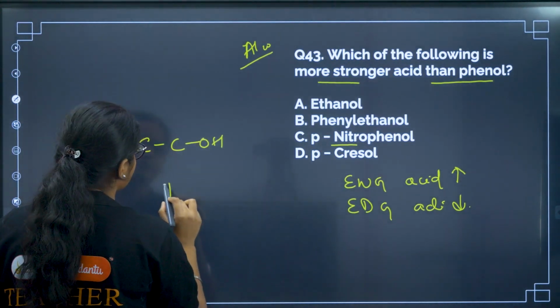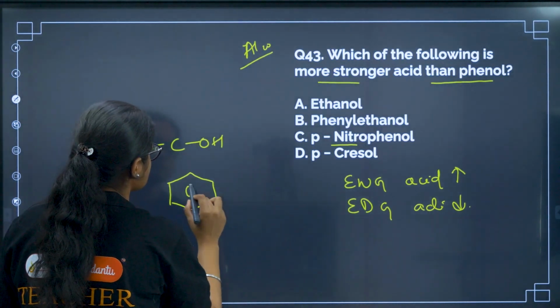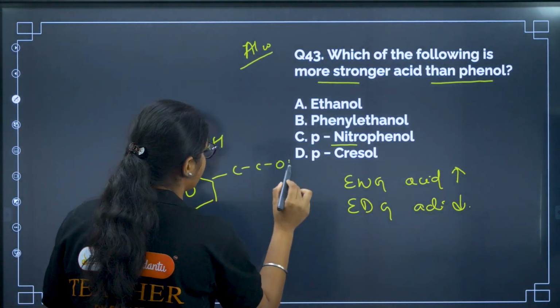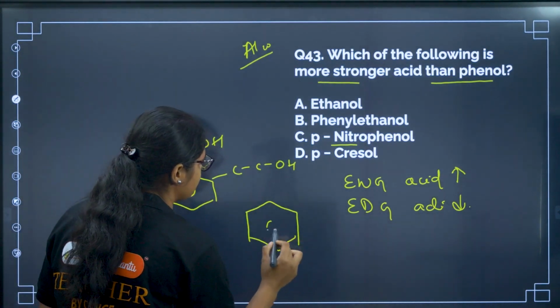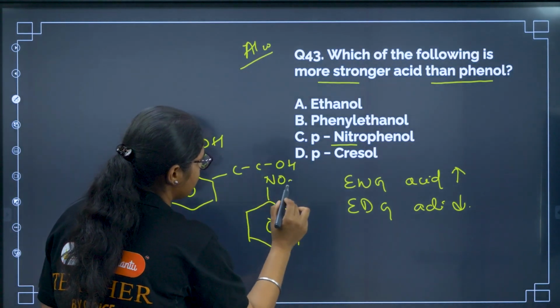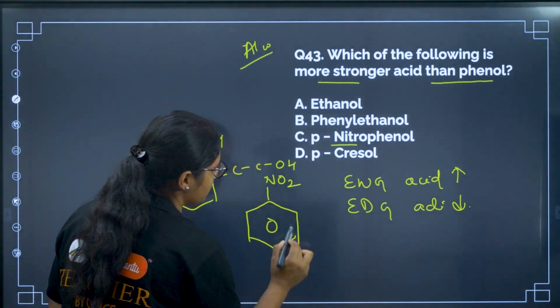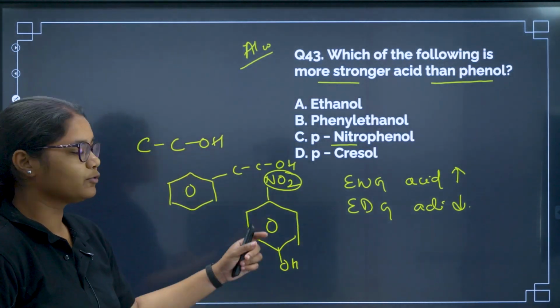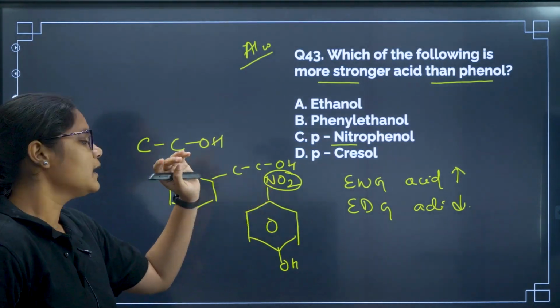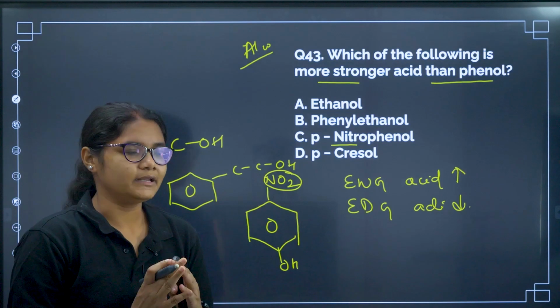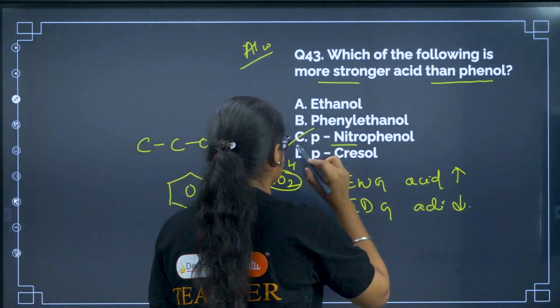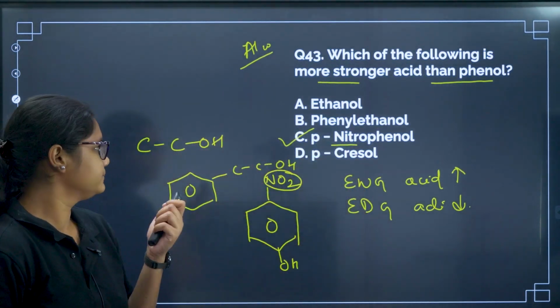Okay, next we have phenyl ethanol. Okay, next we have para-nitrophenol. Here I think everybody must be knowing that the nitro group is a very strong electron withdrawing group, right? NO2 is a very strong electron withdrawing group. It can stabilize the conjugate base, and hence the acidity will increase. So the correct answer for this question will be option C.